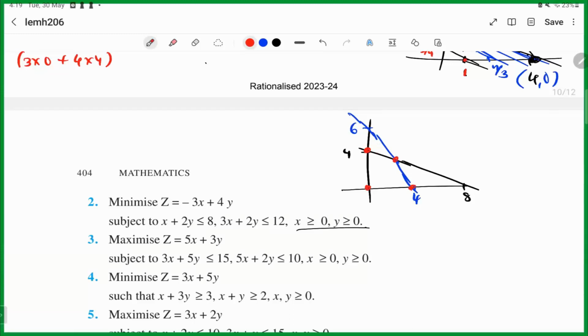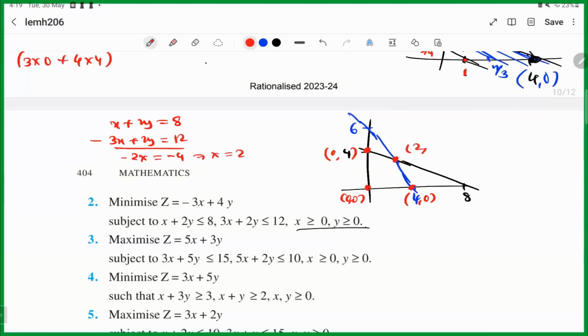So again, what are these points? This is 0, 0. This is 4, 0. This is 0, 4. This is some point which corresponds to the intersection of x plus 2y equal to 8 and 3x plus 2y equal to 12. We just subtract: minus 2x is equal to minus 4, so x is equal to 2.